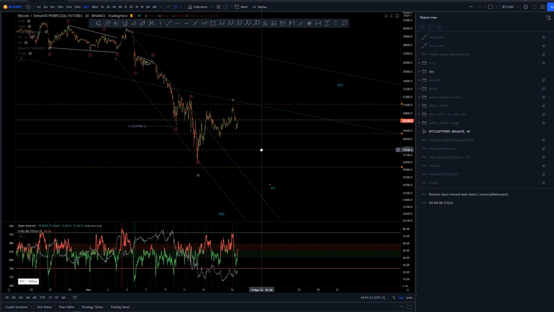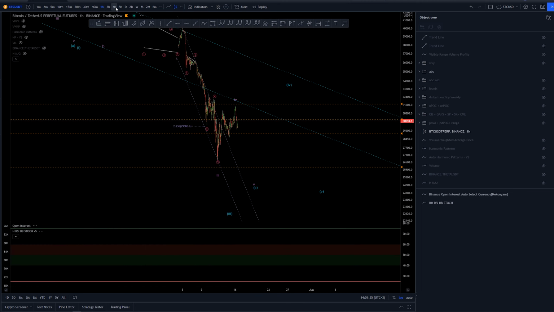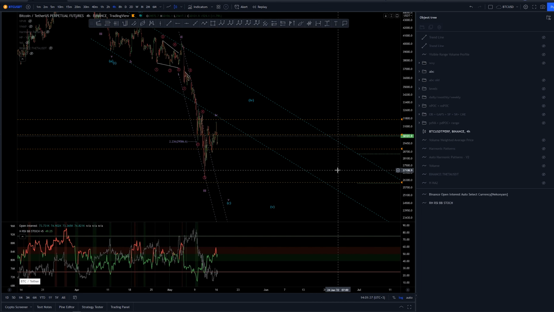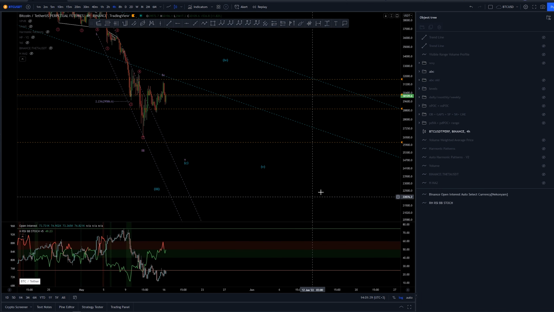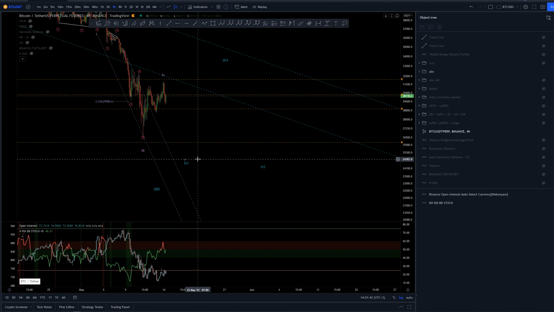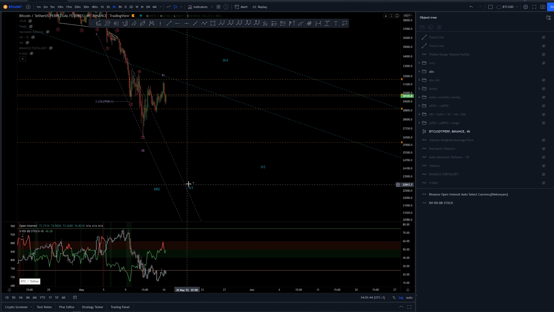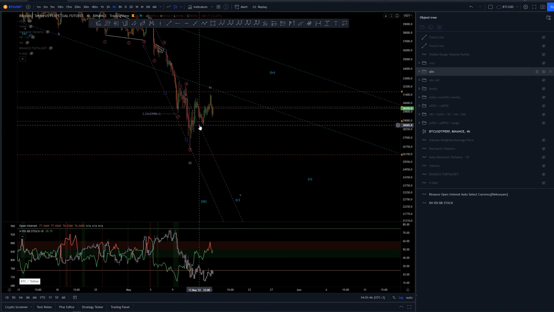But currently I'm still looking for one more low. On the higher time frame, I feel like we do need it. There's a lot of confluence around the 23k area where we could see this last leg taking place.